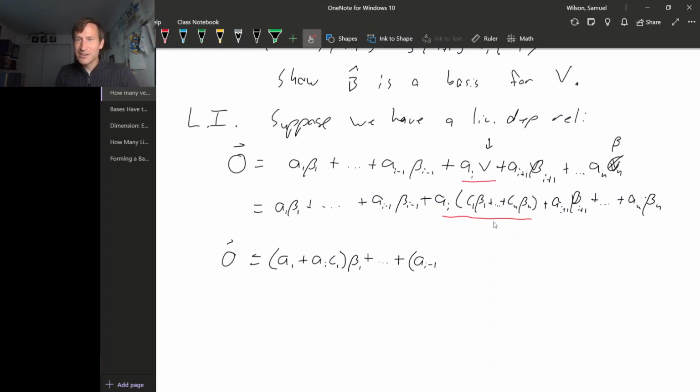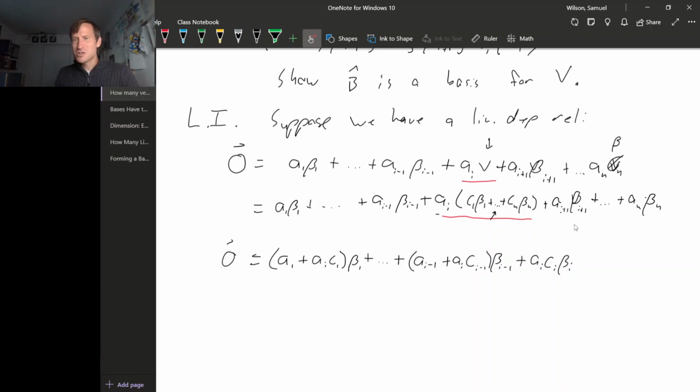And then in here somewhere there's a beta sub i minus 1 term, which looks like a_i times c sub i minus 1, all times beta i minus 1. And then in this sum, hiding inside the dot dot dot, there is a beta i term, right? So the next term is a sub i, c sub i, beta sub i.